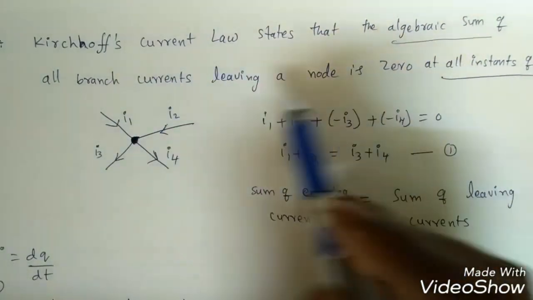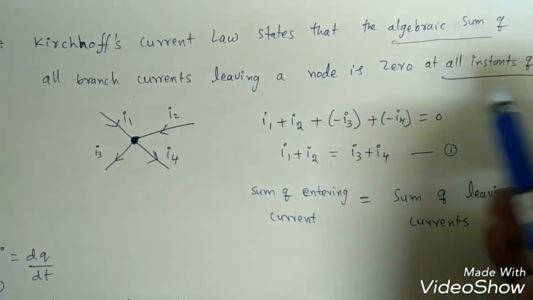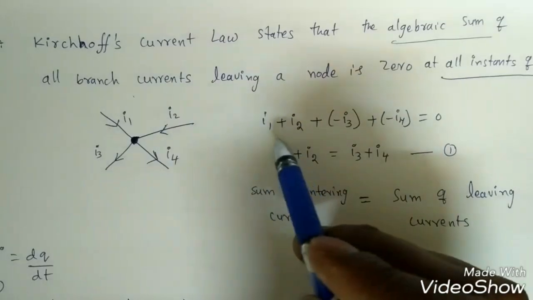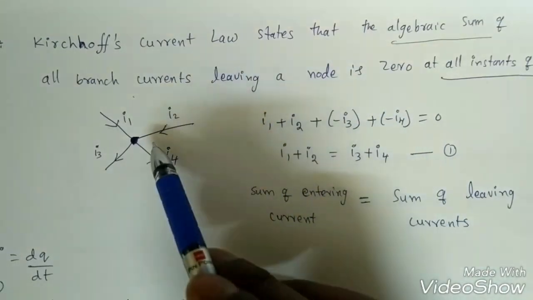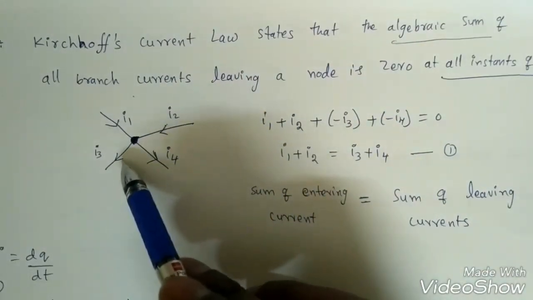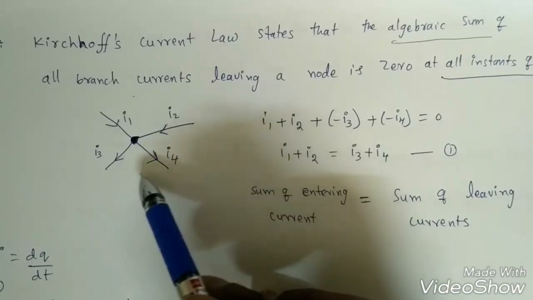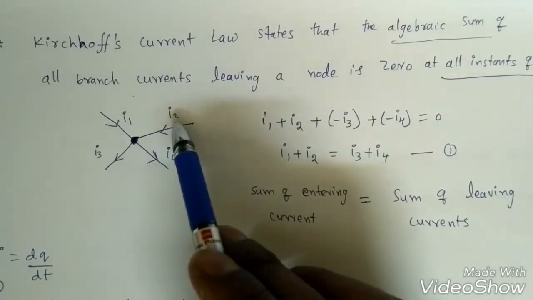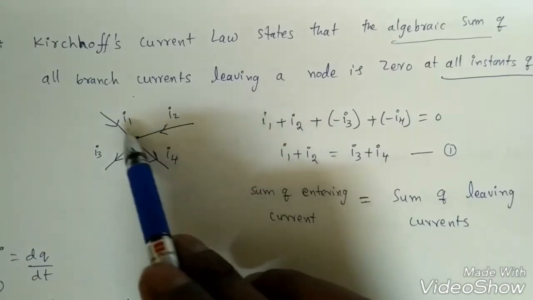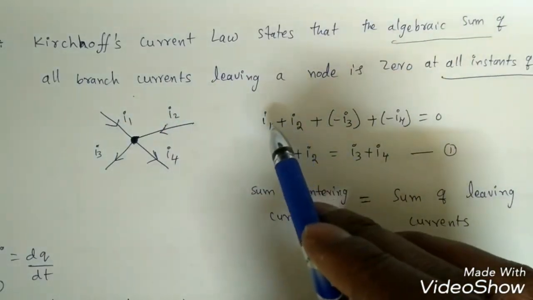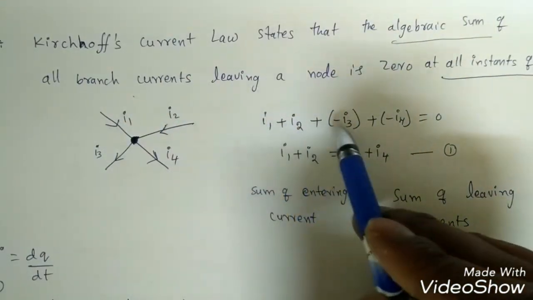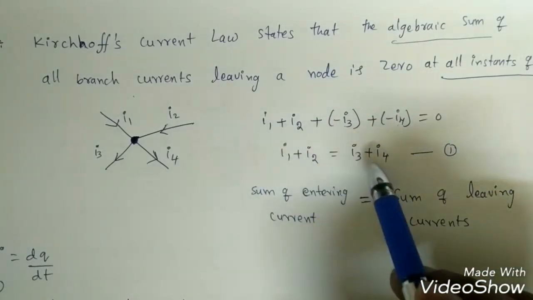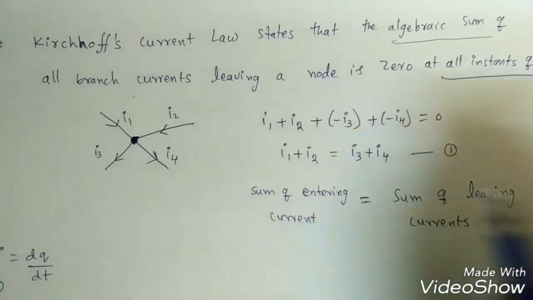So here, two currents are entering, so if I make those positive, now the leaving currents we have to give a negative direction, right? Or if you give the positive direction for leaving currents, we have to give the opposite direction for the entering currents. If I give the entering currents as positive, the leaving currents should be negative. That means I1 plus I2 will be equal to I3 plus I4.